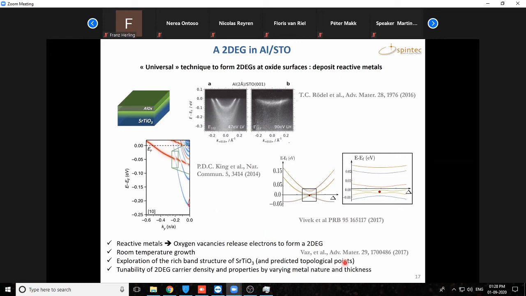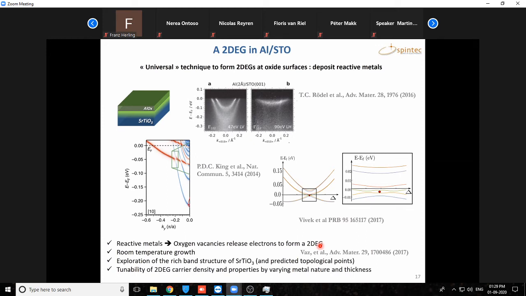So not only aluminum can create a two-dimensional electron gas at the surface of STO, but several metals, as soon as they can react with oxygen and take some oxygen out of the STO, you can generate quite universally a two-dimensional electron gas.